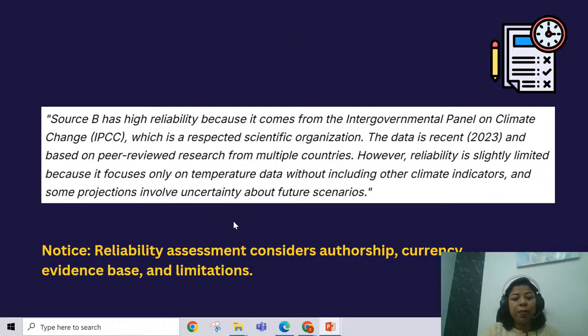Your point should be balanced and it should be developed. How to write it in a developed format, that is what I'm going to talk about later in today's class itself. So when you do a reliability assessment, consider authorship, currency, evidence base, and also talk about the limitations.